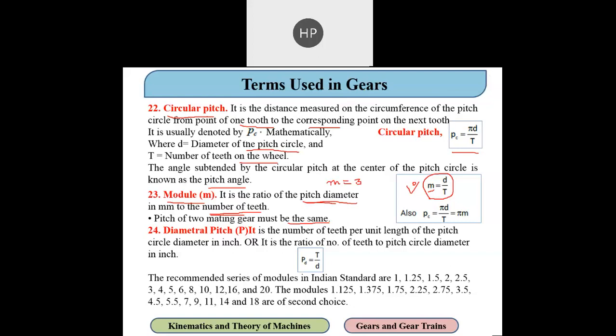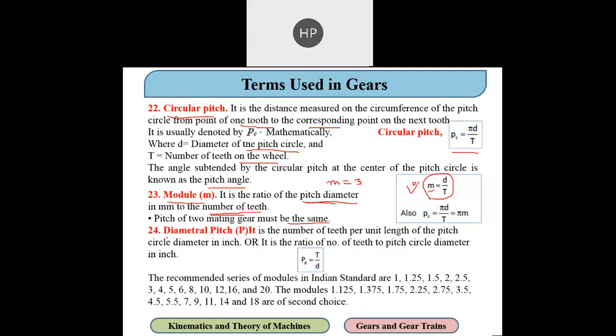The module of the two gears must be the same. Then and only then will your two gears rotate, or transmit power from one shaft to another shaft. So it is a very important thing that the module must be the same for both gears.